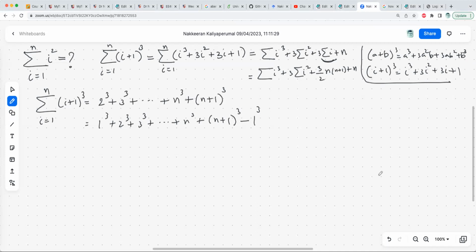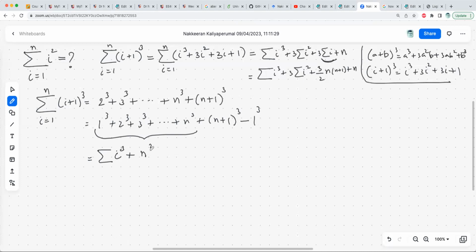So now we could completely write up to here as the summation of i cubed plus (n plus 1) cubed, which can be expanded.